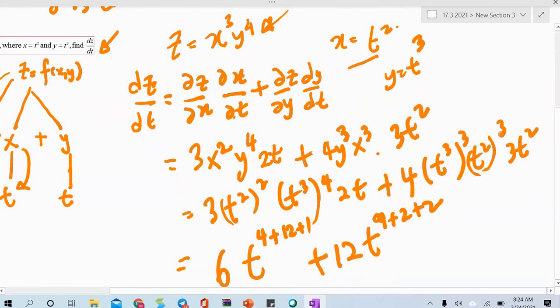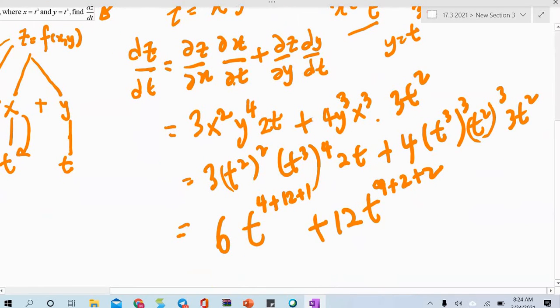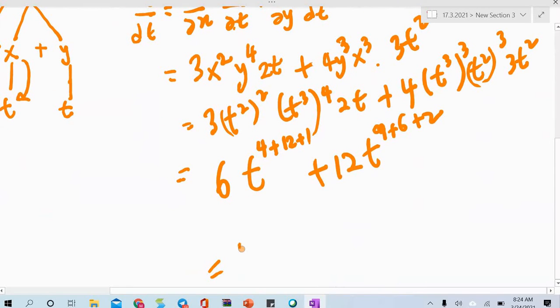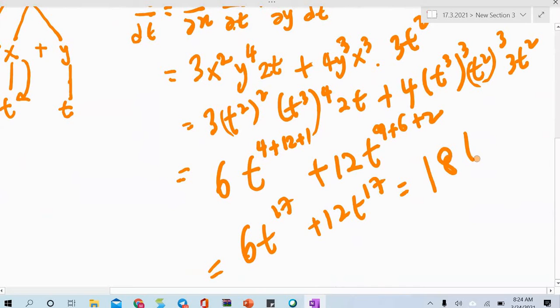Correct? Yes. Okay, 9 plus 6 plus 11, 13, 15, 17. Okay, I think now it is correct. So this is 6 to the power of 17. 12 t to the power of 17. So you get 18 t to the power of 8.